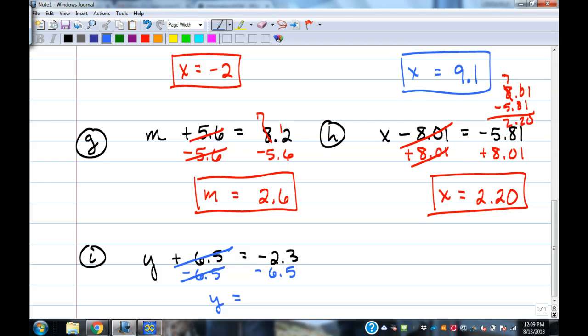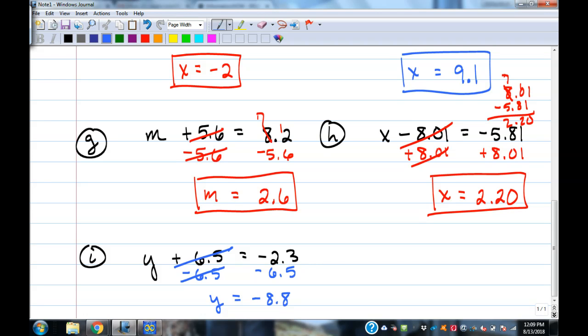So when we get them together, what's the answer going to be? More negative. We have a negative number and we're subtracting from it, so we're going to get more negative. It's kind of like I owe you $2.30 and then I borrowed $6.50 from you today. So that means I'm going to owe you how much? $8.80.